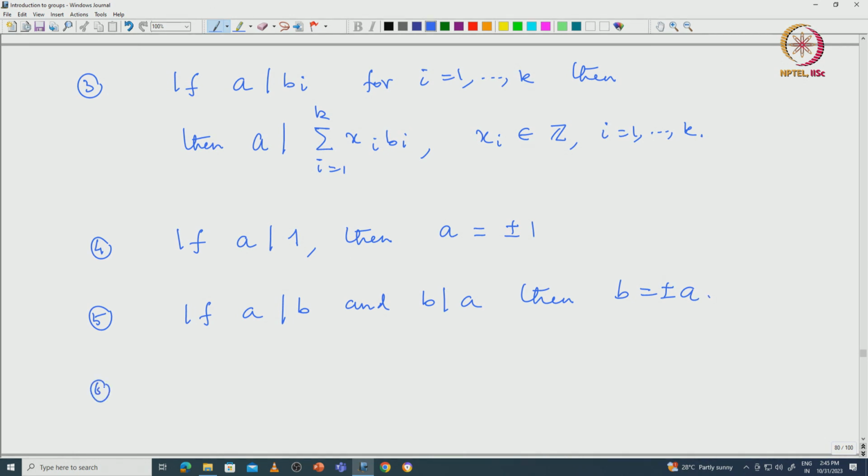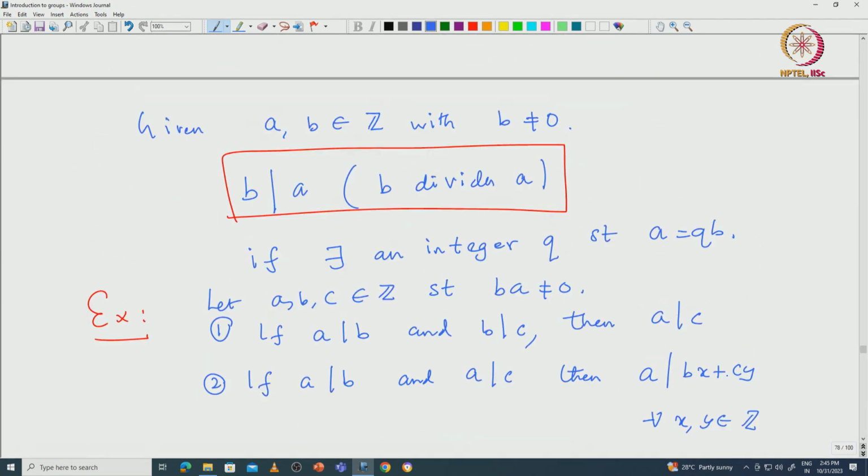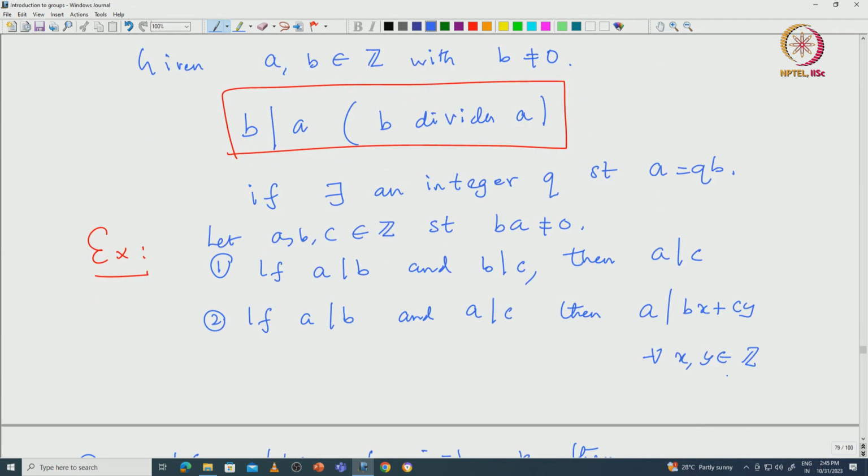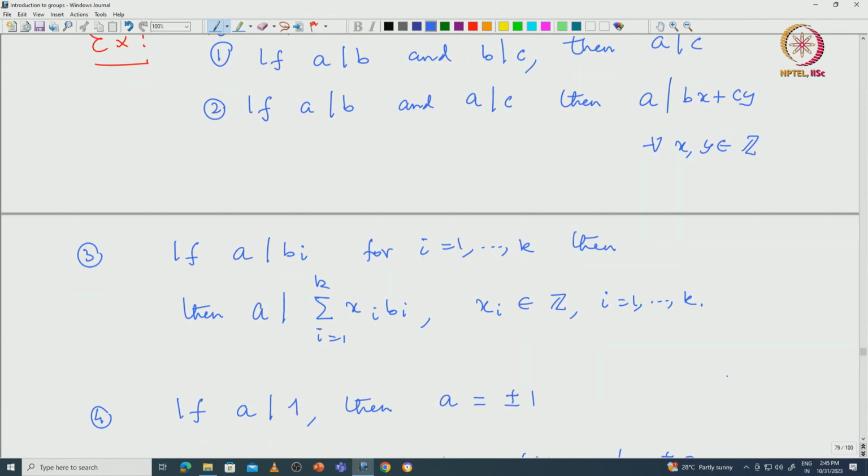Another property: if m is non-zero and a divides b, then ma divides mb. These are all elementary properties of divisibility. You must have done this in the first course in elementary number theory, so I am just recalling it here.